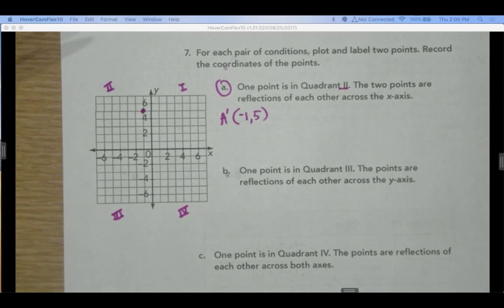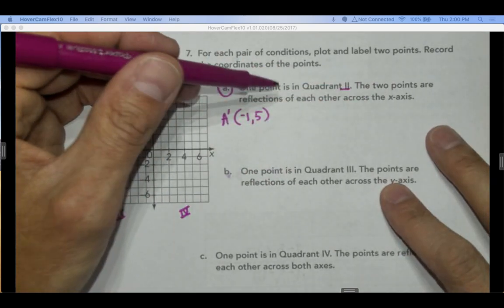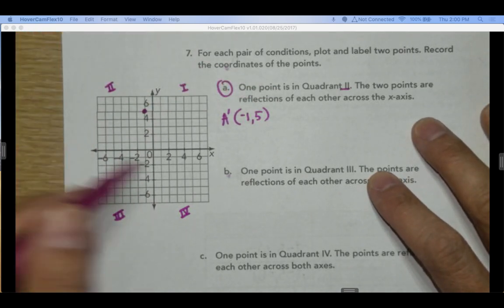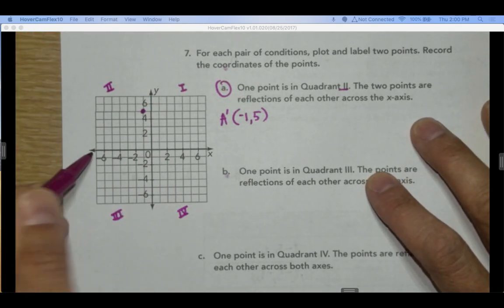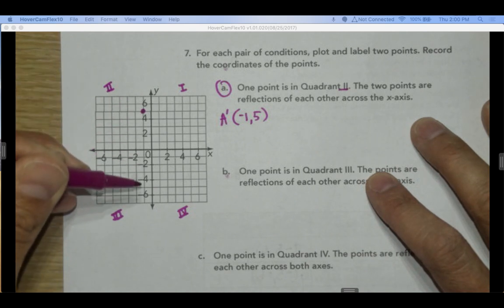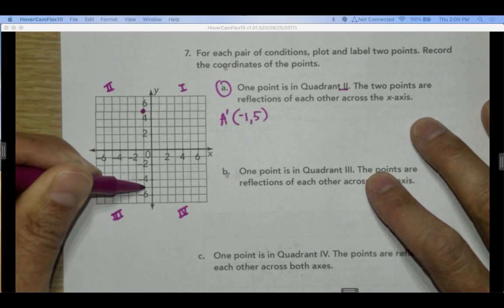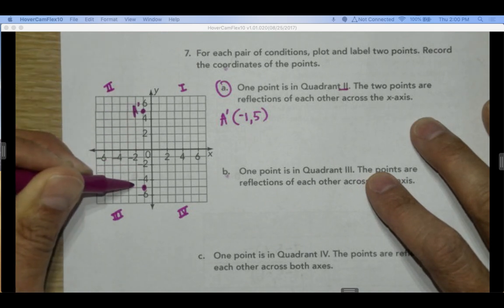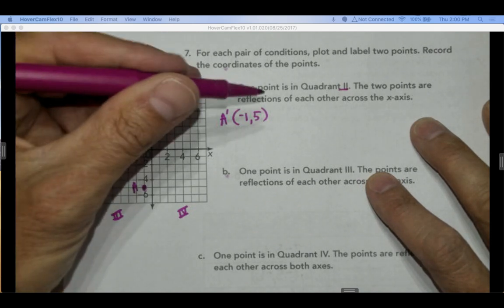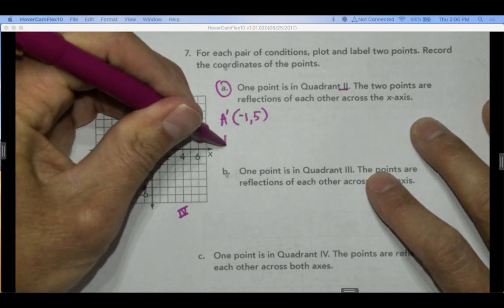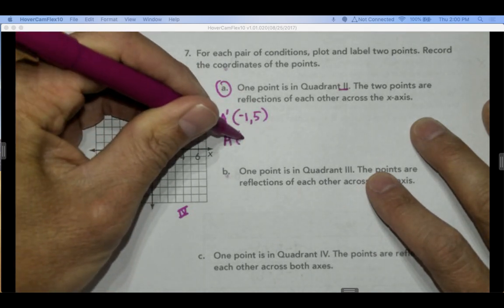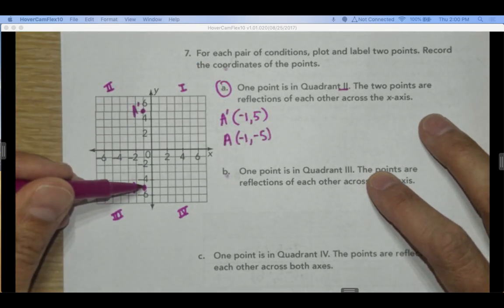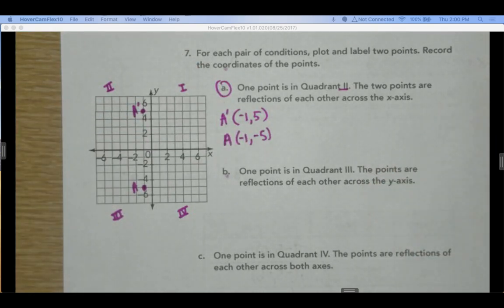Then, if I reflect it across, the 2 points are reflections of each other across the x-axis. This is the x-axis. So if I flipped it over that, then that would be A prime, and then this would be A. And A over the x-axis would be -1, -5. When I flip it over the x-axis, the y-coordinate changes.